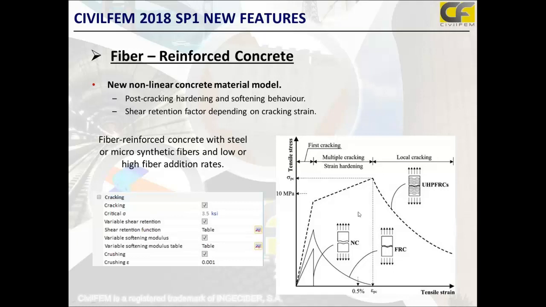In this case, we'll show you just a simple example. Once the tensile stress is acting on the concrete, we can set different branches to our concrete behavior. Depending on the low or high content of fibers, we can simulate this behavior.